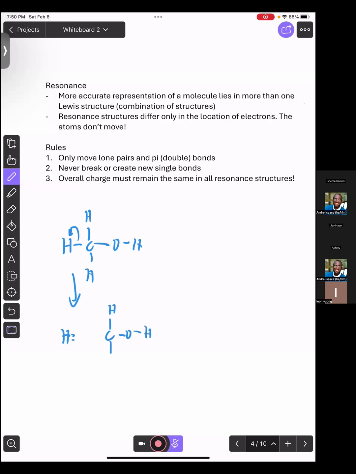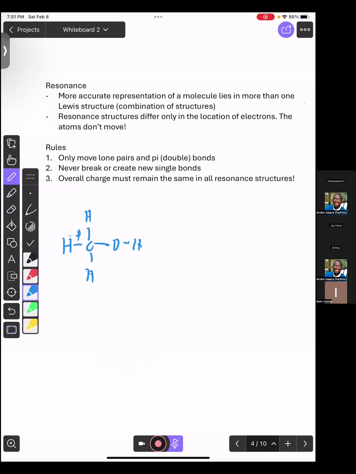And the idea is not to break the molecule apart, it's to show the electrons moving through the molecule. So that's not a possible way electrons would move in this molecule, because that's not moving through the molecule. You're actually destroying the molecule or breaking it into pieces.